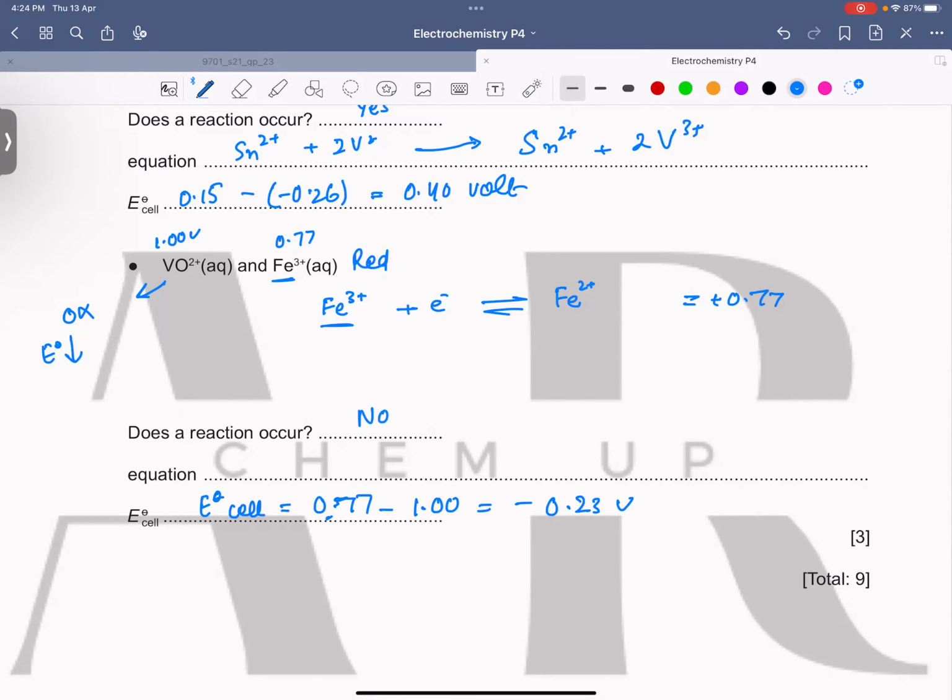No। नेगेटिव है तो इक्वेशन बनाने की जरूरत नहीं है। ठीक है, यहाँ तक क्लियर है?